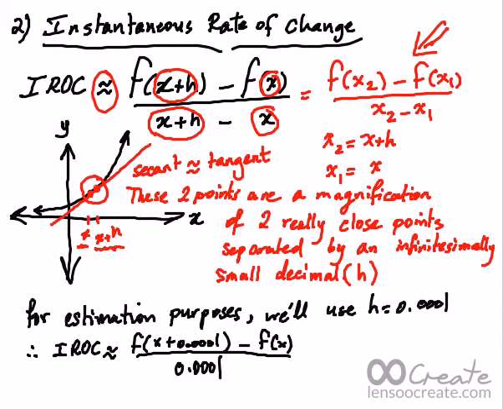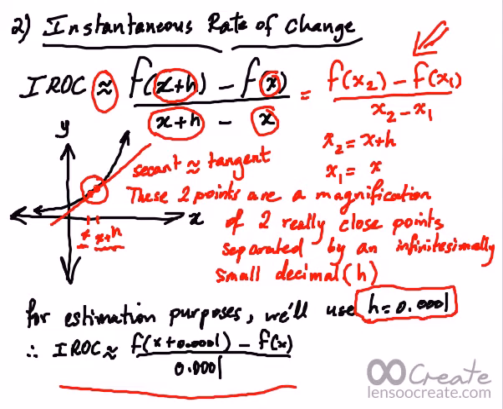For estimation purposes, because we don't want to use a really long decimal, we will use h as 0.0001. That's good enough to give us a really good approximation. Now the equation becomes instantaneous rate of change approximately equals f of x plus 0.0001 minus f of x over 0.0001.